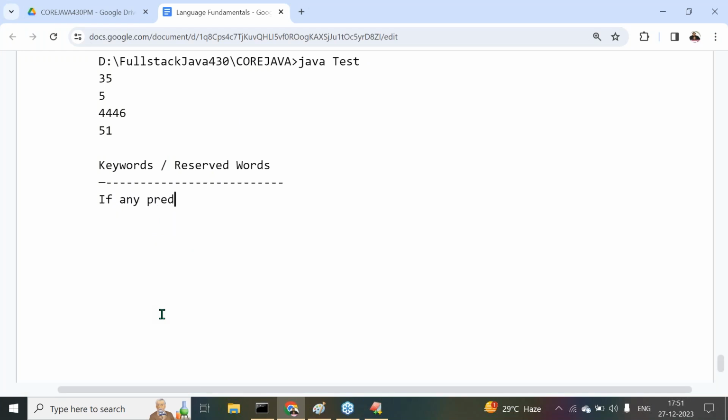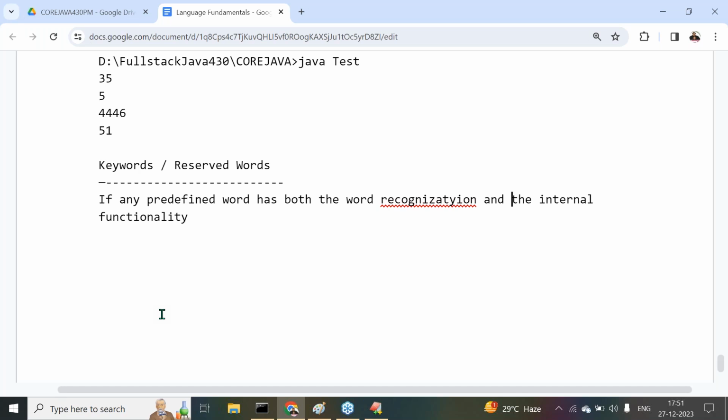If any predefined word has both the word recognition and the internal functionality, then that predefined word is called a keyword.